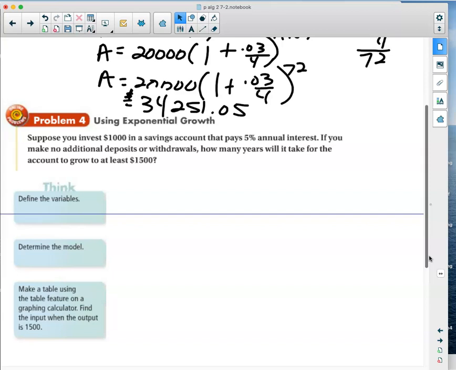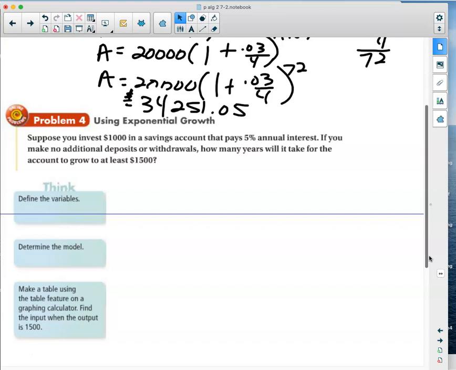Problem 4, using exponential growth. That's what a bank account is. You know, it should be going up if it's your savings account. Suppose you invest $1,000 in a savings account that pays 5% annual interest. If you make no additional deposits or withdrawals, how many years will it take for the account to grow to at least $1,500? Well, I don't know.